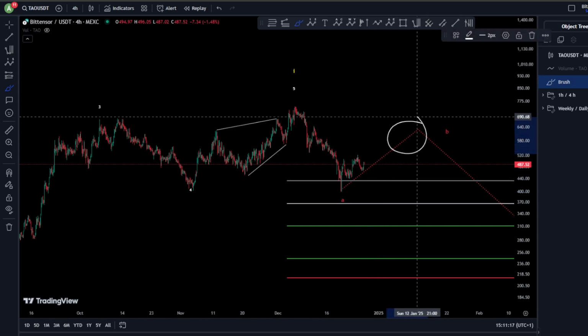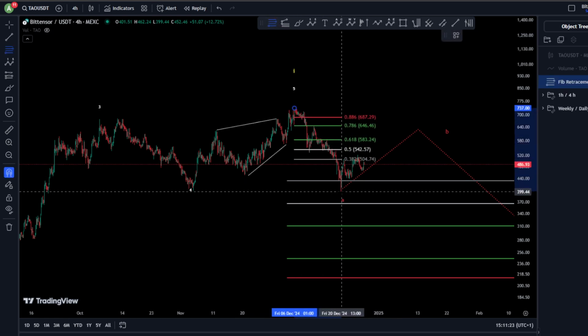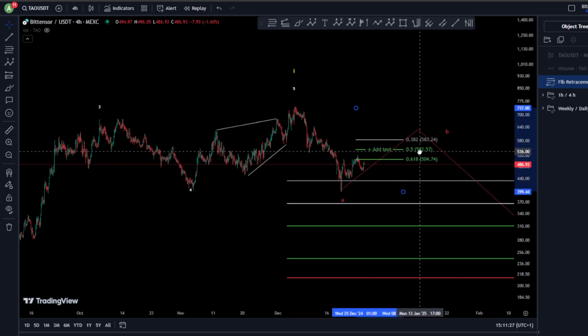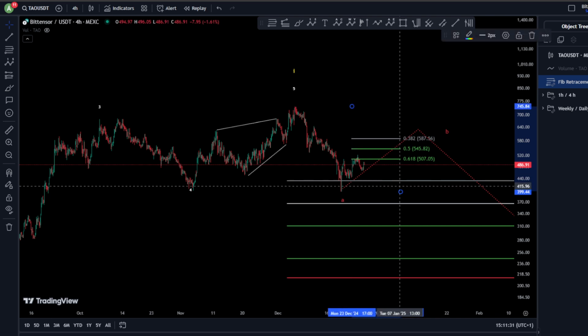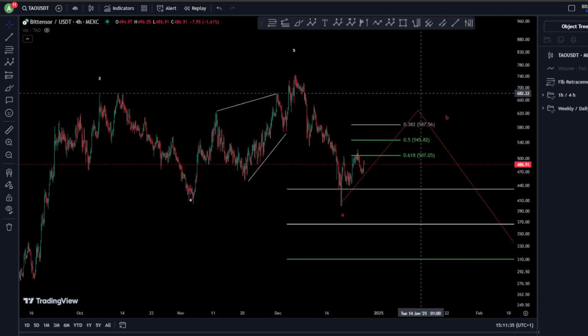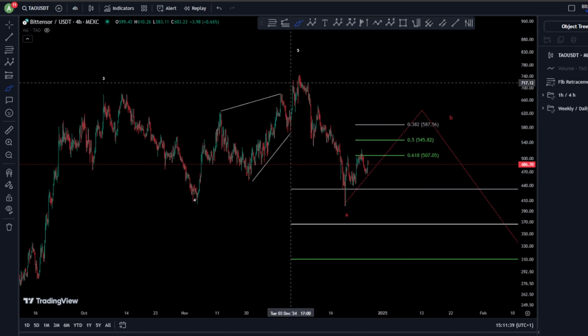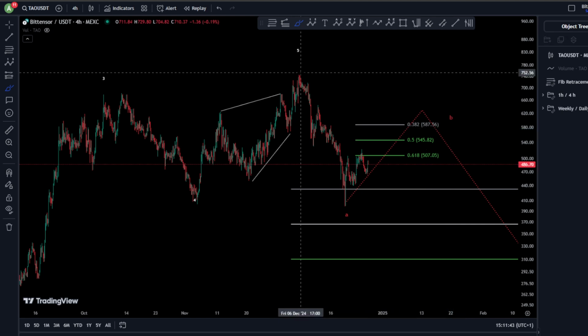Now, how much your wave B can reach, that is also a question that we can have a target for, as a wave B here. We already even reached the 0.618, which is a perfect target for a wave B in a zigzag. However, it is even possible to get to the mid of this impulse. Normally, a zigzag loves to get the 0.5 as well.